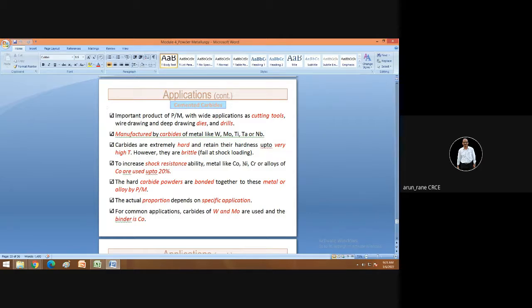There is no other suitable process. And then later on, after compacting, after sintering, they are ground. So powder metallurgy has wide and popular application in inserts manufacturing.